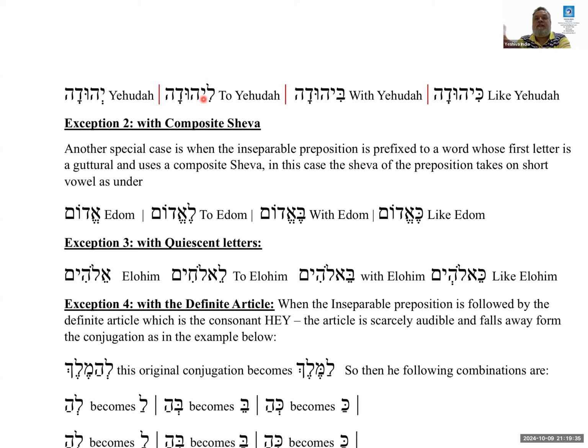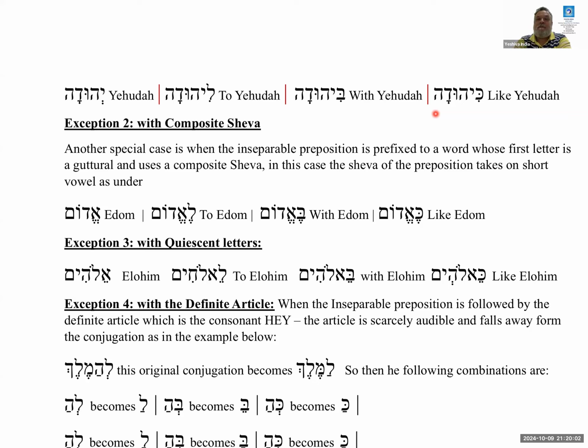So this yud gets subsumed into the preposition and it becomes Lihuda, Bihuda, Kihuda. Please make a note of this. Very, very important. Yehuda becomes Lihuda, Bihuda, Kihuda. These are all the different exceptions you have to remember.